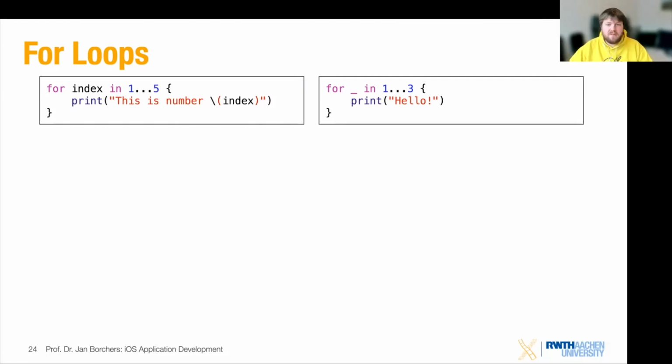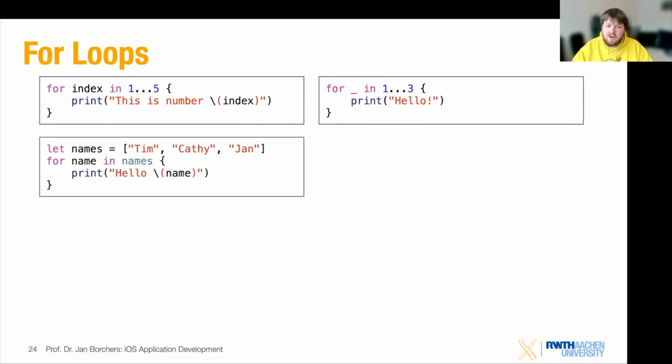And with for loops, it's also quite easy to iterate over arrays. You simply specify a new variable that you want to use as your iterating variable, and in this example, I have an array of names that has 3 names in it. And by specifying for name in this array names, I'm iterating over all the objects that are in that array and get them one by one, and I can print out these different names.